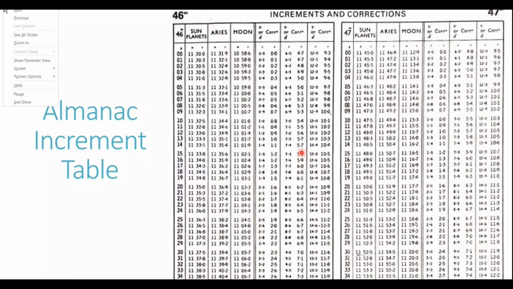Now, beta, let me tell you about the concept of V correction, what this V correction actually is. You see, this increment table is basically given here for the ease of calculation. Let us say you want to find out the GHA of the sun, and the time for which you want to find is 9 hours 46 minutes and 10 seconds.